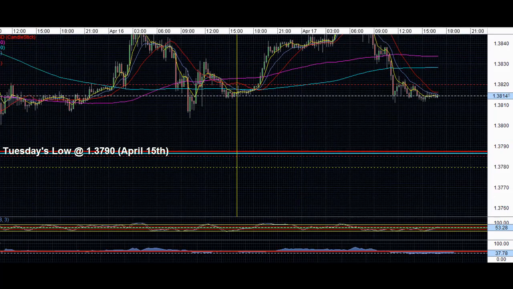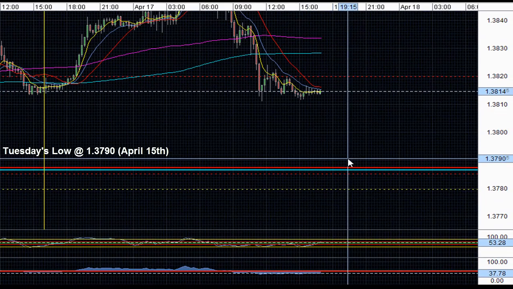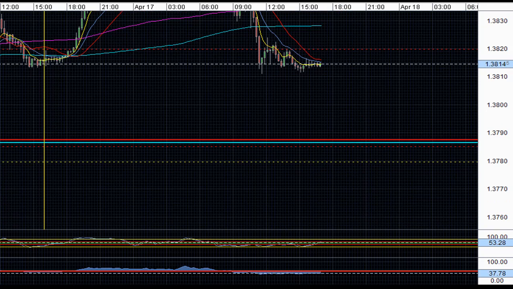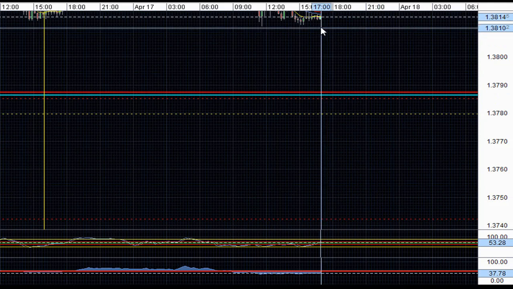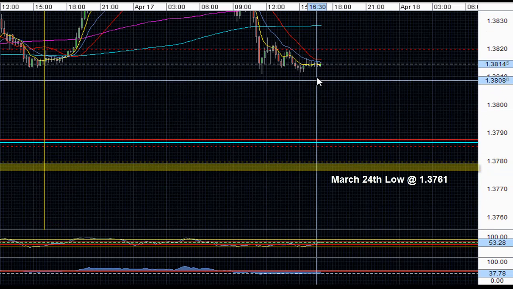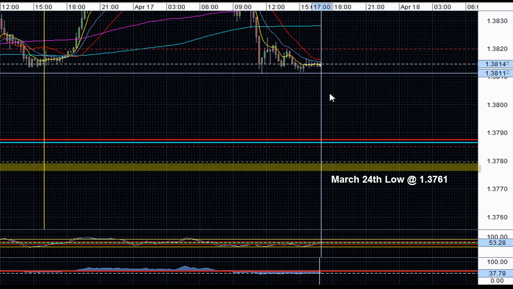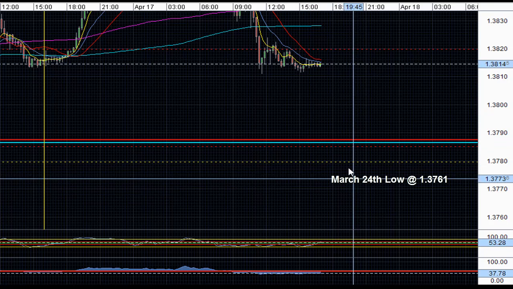So if price breaks below the 38.00 psychological level, we can expect price to find support there. And if price breaks below 37.90, then we can expect a pickup of momentum as stops are triggered, and price should head lower and reach the 37.60 zone here, which is our March 24th low. That's what would happen if there is a continuation of Euro US dollar pressure to the downside.